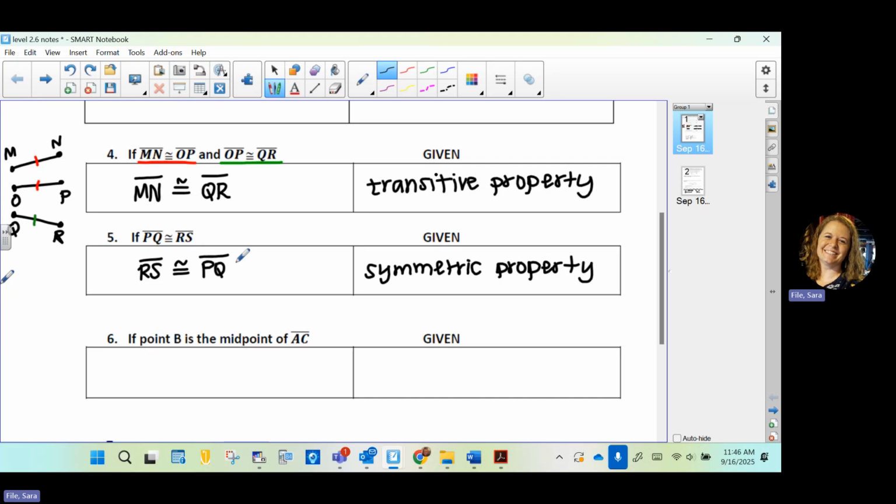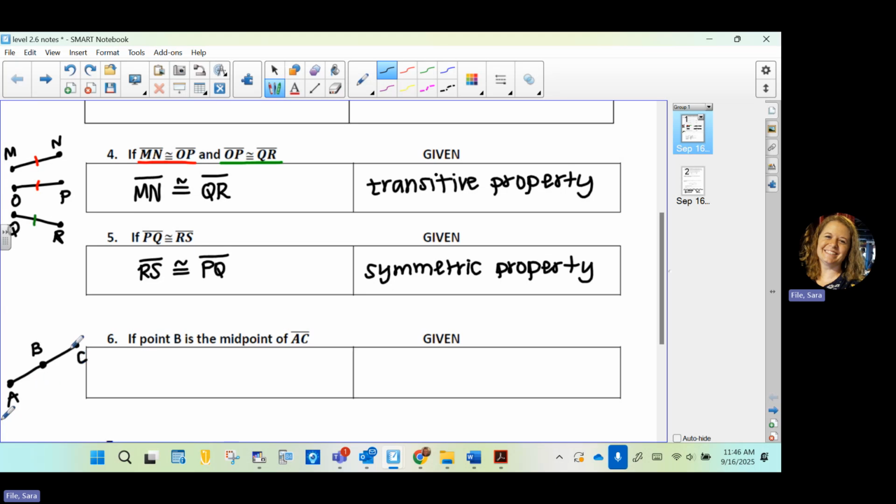All right, point B is the midpoint of AC. This one might help if you have a picture. So if I have a segment AC and they tell me B is the midpoint, where does the midpoint fall? In the middle, right? That's what midpoint is. So what do we know about this picture that I just drew now?